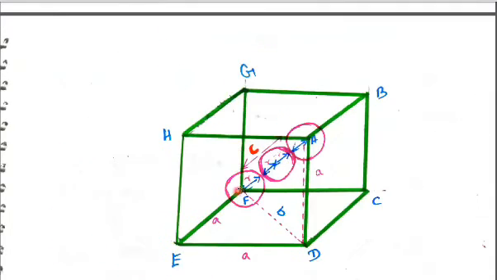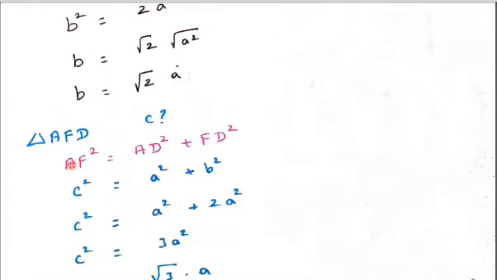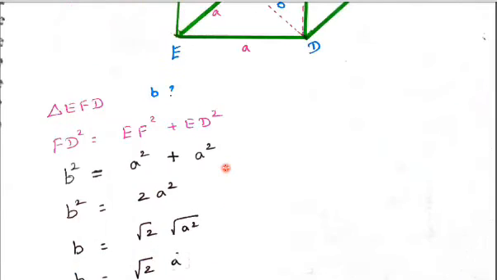Next we should calculate the C value. For the C value calculation, let us take the triangle A, D and F. So AF square equal to FD square plus AD square. Here we take the C value, C square equal to a square plus b square.